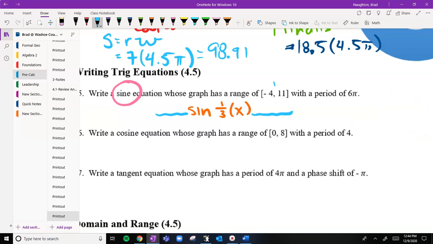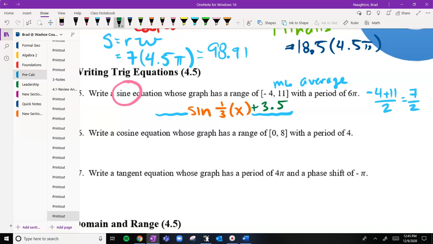So the first thing you want to do to find your midline is your average. So -4 plus 11 divided by 2 is going to be 7/2 or 3.5. It's really up to you. And since it's positive, we'll say plus 3.5. Alrighty.